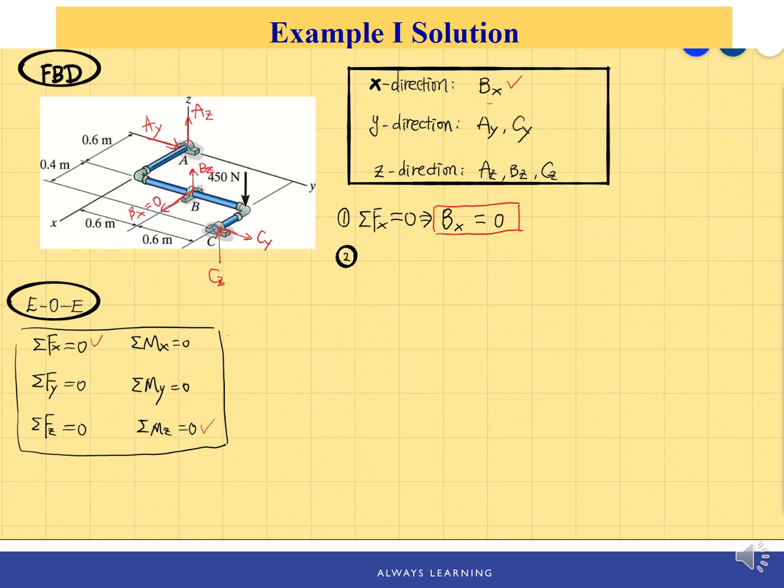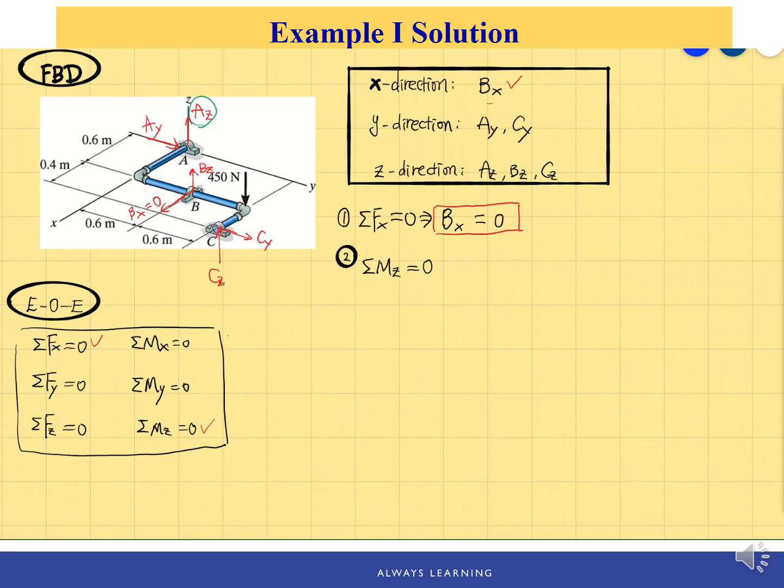Because if the line of action of the force is parallel to an axis, then the moment is 0. So Az, Bz, and Cz are parallel to the z-axis, so there's no moment about the z-axis. So the second equation I'm going to choose is the moment about the z-axis equals 0.